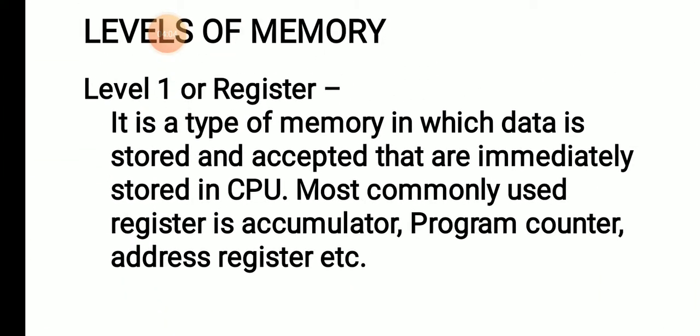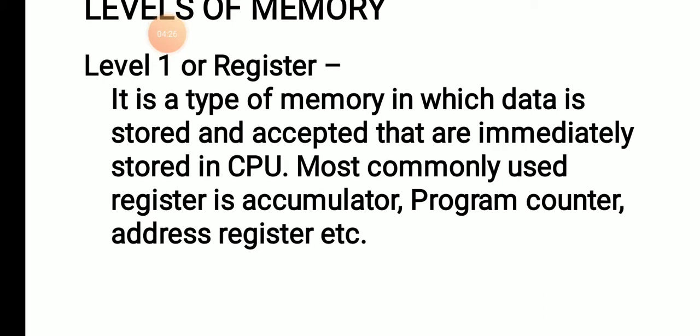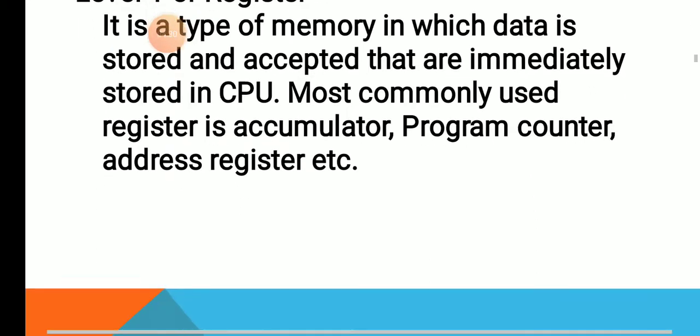It is a type of memory in which data is stored and accepted immediately in the CPU. The most commonly used registers are the accumulator, program counter, and address register. These are examples of level 1 or registers.